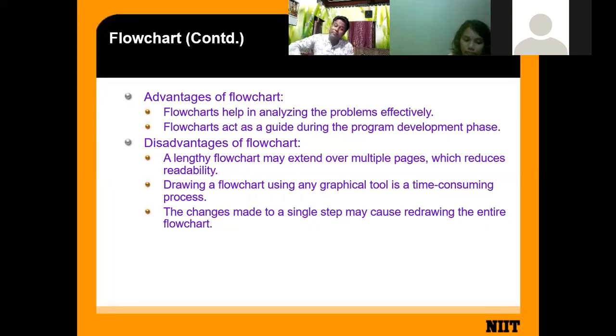But if we represent that thing in the form of a picture, then drawing the picture is a very time-consuming process.